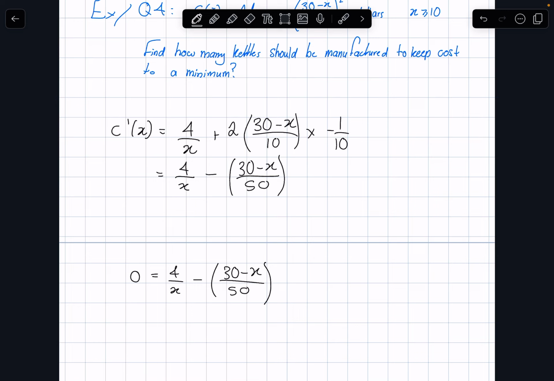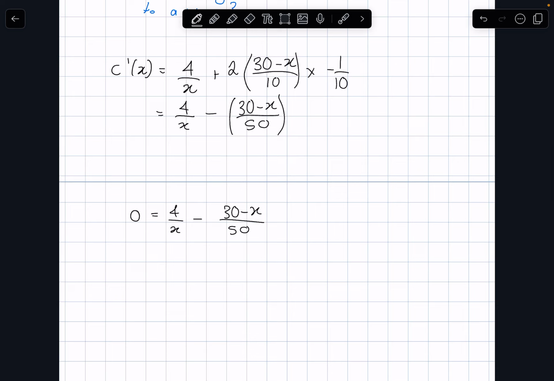The easiest way to get all of this by itself, I can even get rid of these brackets now, is to cross multiply. So I've got 4 times 50, so that's going to give me 200, minus x times (30 minus x), all over 50x, and that's all equal to 0.